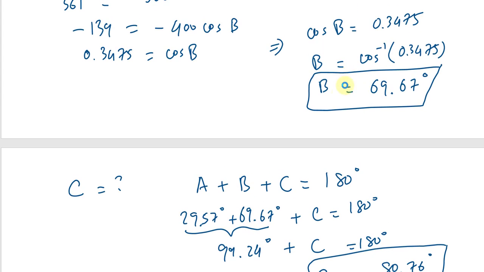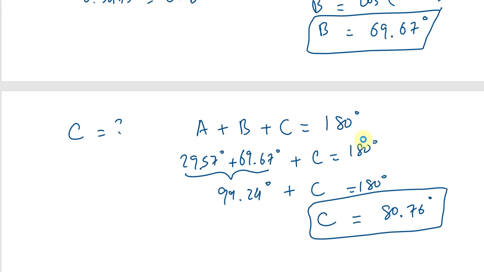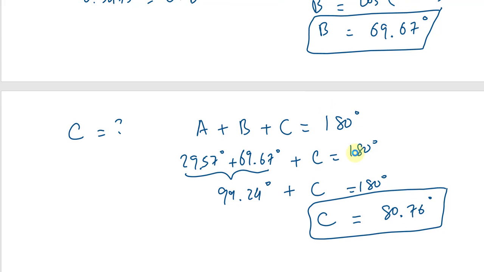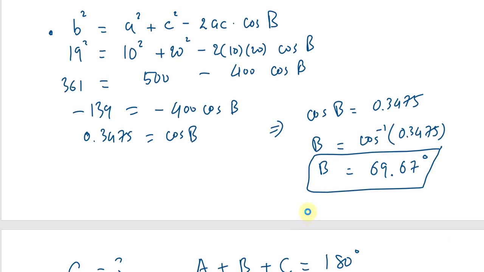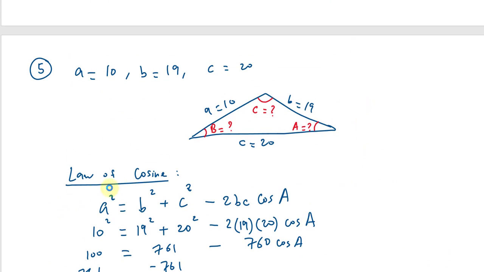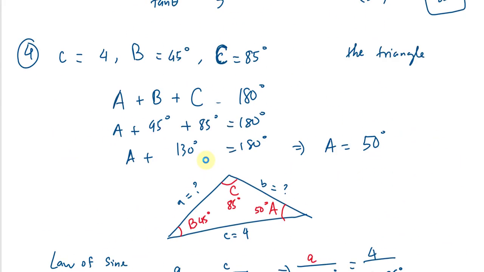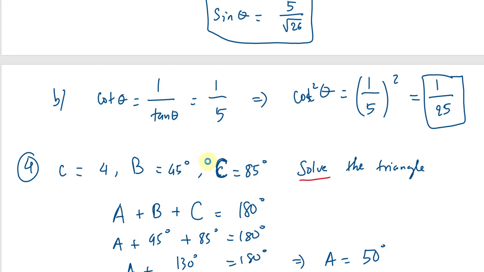So just find two angles, and then you can find the angle C by subtracting the other two angles from 180, because the sum of all the angles for the triangle should be 180. That's how you apply the law of cosine and the law of sine to solve a triangle, depending on what they give you.